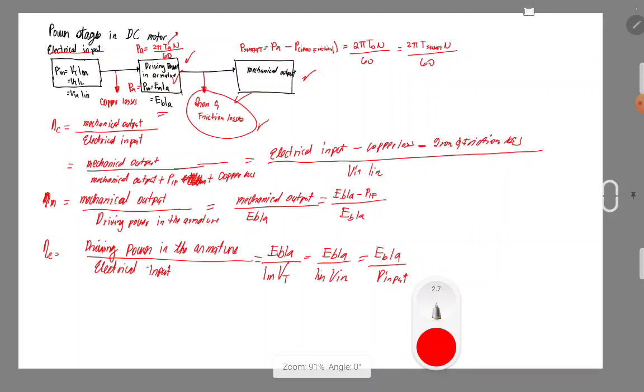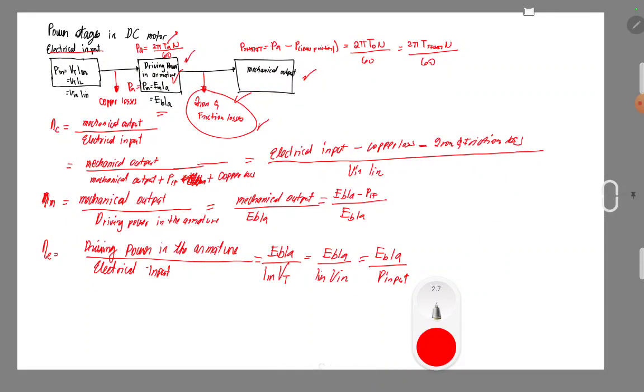So those are some formulas that can be used in order to solve your power stages in your DC motor.